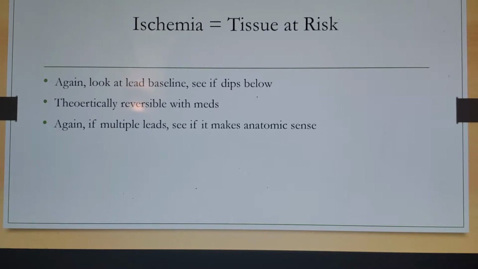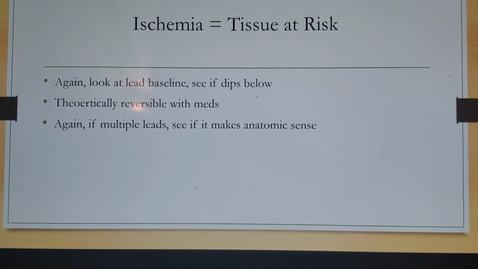So again, if it's in multiple leads, one thing you want to make sure of is if it makes anatomic sense. This is something that I should have mentioned in the infarction section as well. You typically only actively infarct one blood vessel at a time. And so you really should only see changes in the leads that reflect certain parts of the heart.